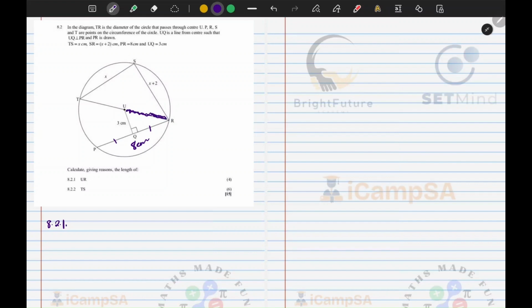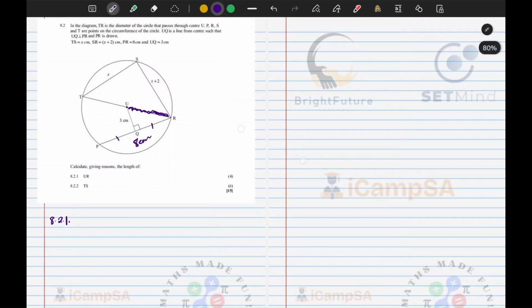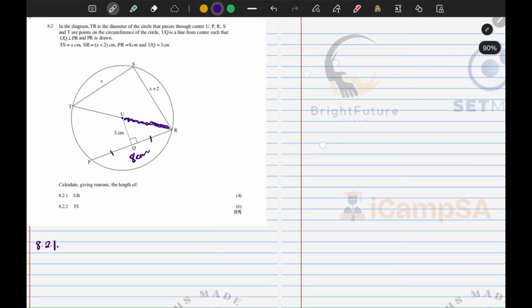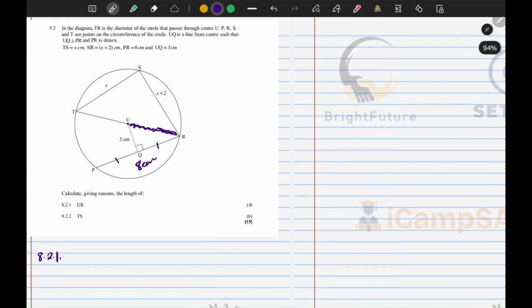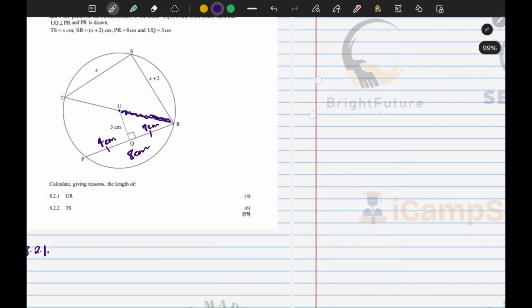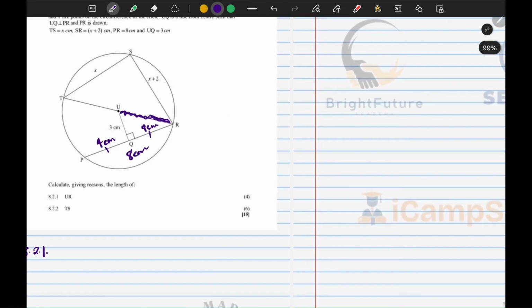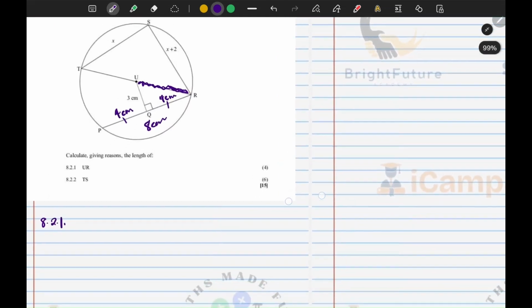So the first thing that we are going to do is remember the line from the center bisects the chord, which means that if this is 8, this is going to be 4 centimeter, and this is going to be 4 centimeter, right? Perfect. And then this now forms a Pythagoras theorem.